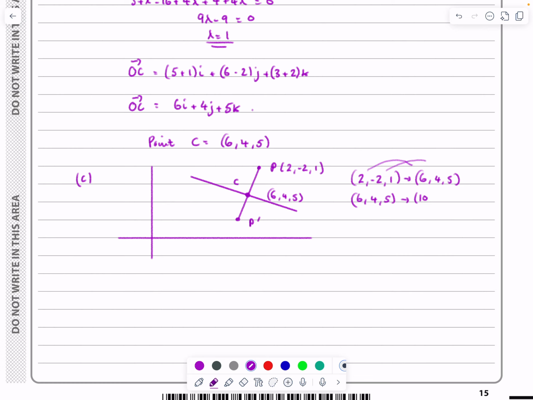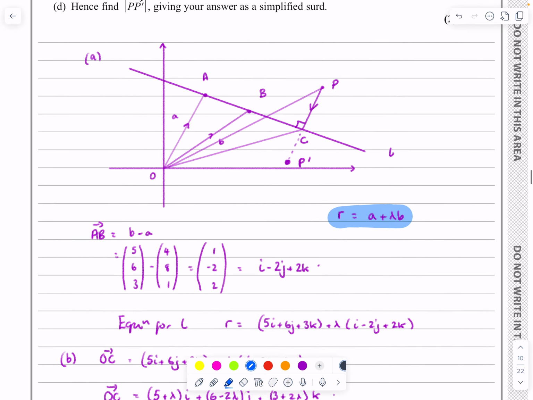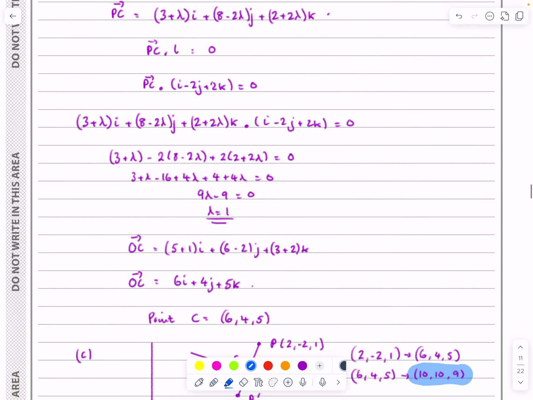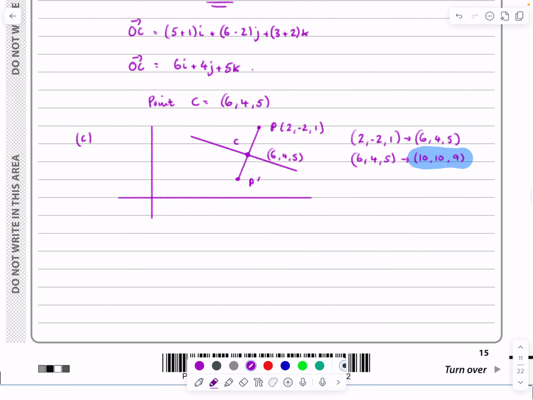I've added 6 on there, so I need to add 6 onto my y value, and I've added 4 on there, so I need to add 4 onto my final value. Means that my new point is going to be 10, 10, 9. Now, do I want the point or do I want the vector? No, I want the coordinates. So, okay, that means that P dash is just going to be equal to 10, 10, 9.